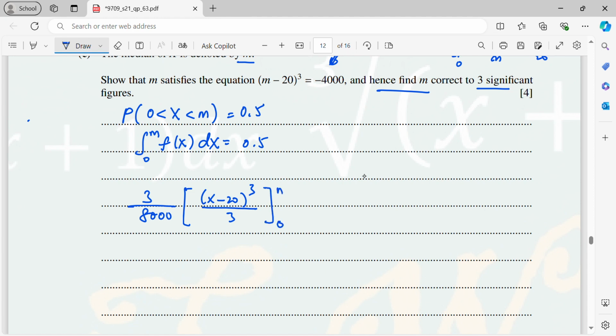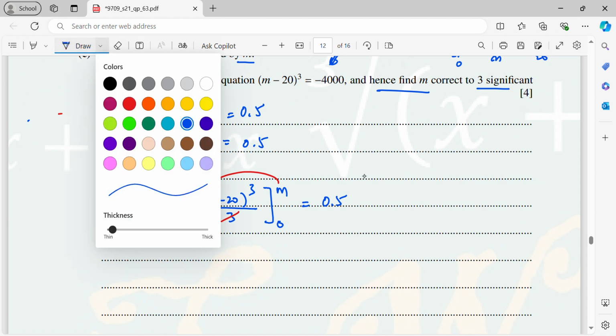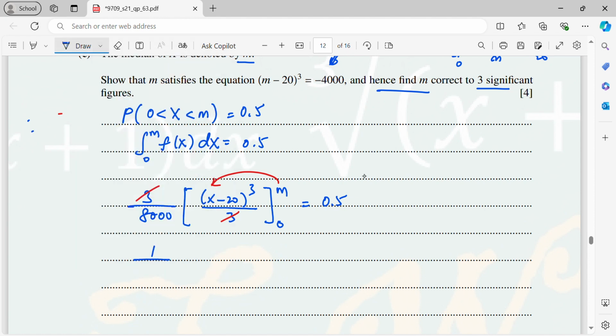Limits from 0 to m. That equals to 0.5. Then now the 3 will be cancelled off. Okay, and replace the x by m first, followed by 0. So here I will get 1 over 8,000. Then m minus 20 cubed minus 0 minus 20, so minus 20 cubed. That equals to 0.5.